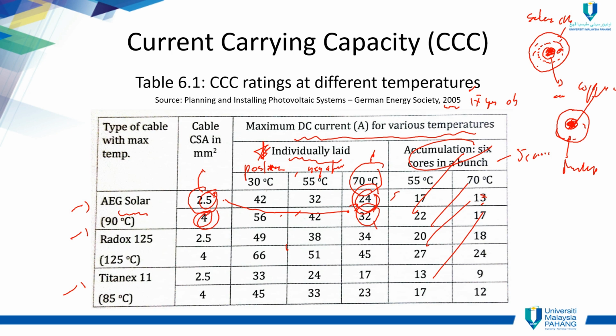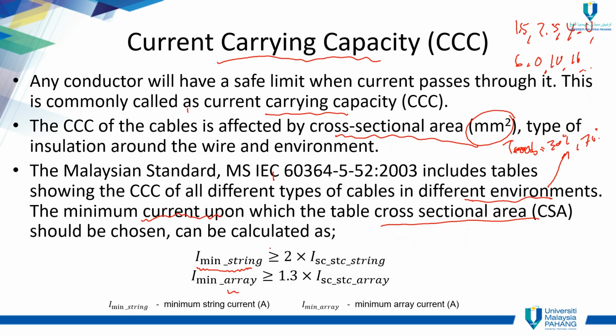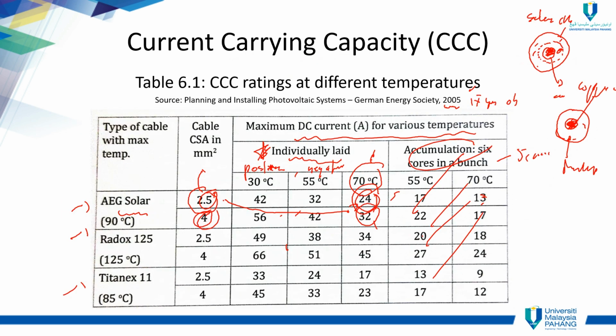Okay, how do we calculate that? We refer to the IEC STC string. For example, our module is 7 amps, so this is 14 amps. With 14 amps and a minimum string of 40 amps, we need to find a cable that can support a minimum of 40 amps.